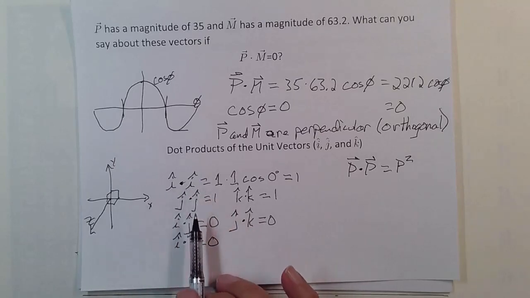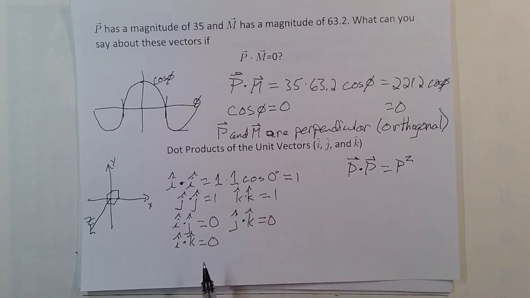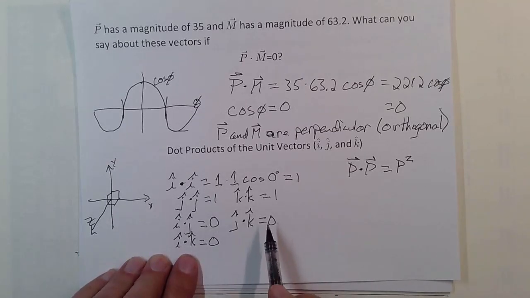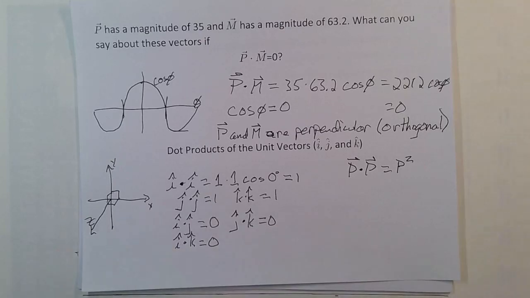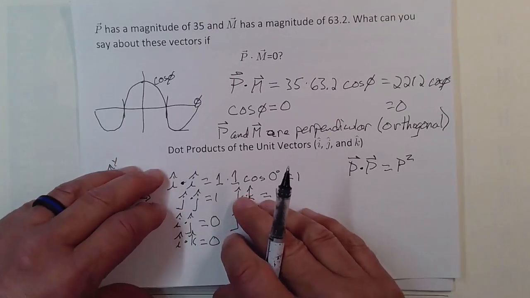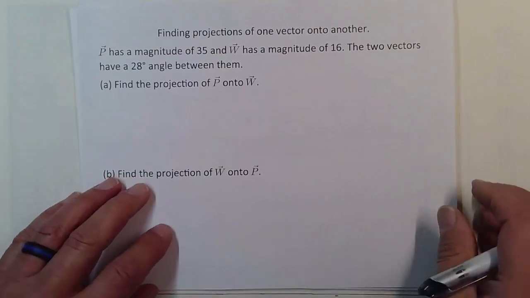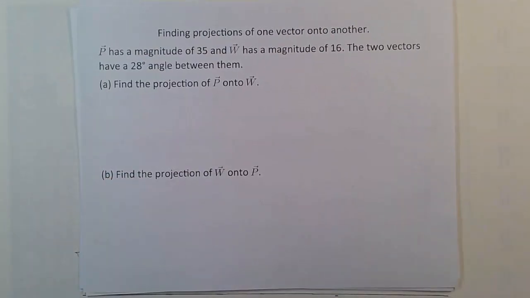So i hat, j hat, k hat, those are all equal to 1, and the products with the other unit vectors are equal to 0. So this is going to be a useful property when we start calculating dot products of vectors written in component form.